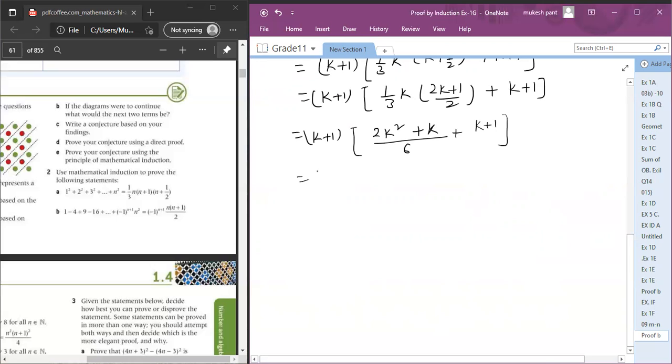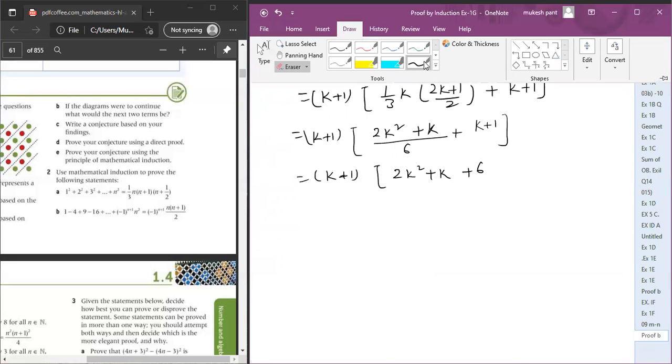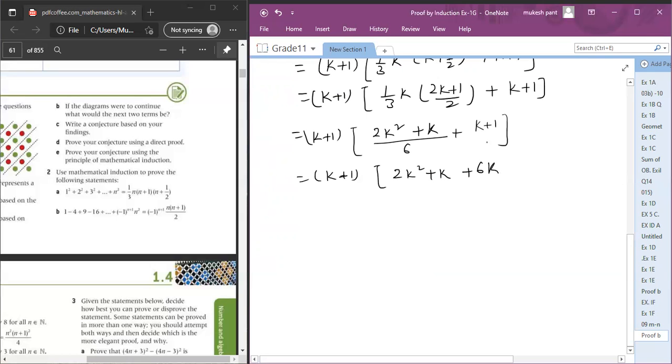So 2k square plus k plus 6, and directly you can multiply 6 into k, 6k plus 6 over 6. Now 6 you can take outside: 1 over 6, (k plus 1), and 2k square plus 7k plus 6.